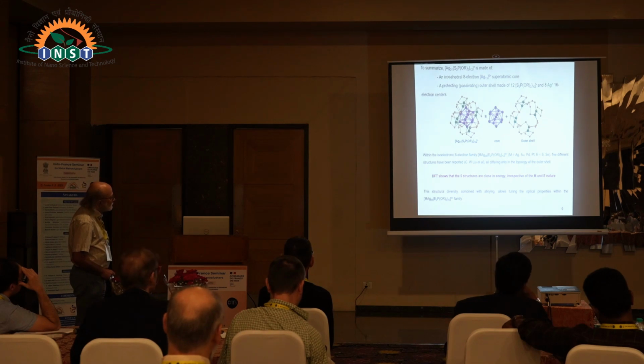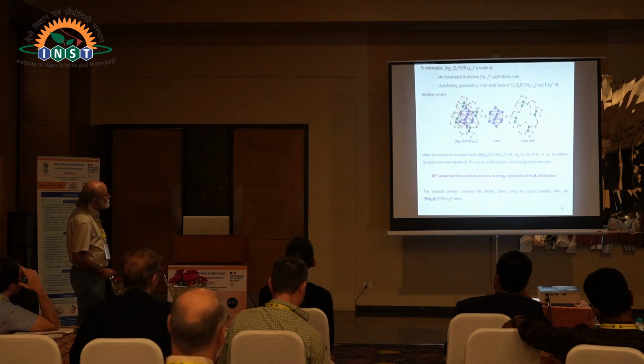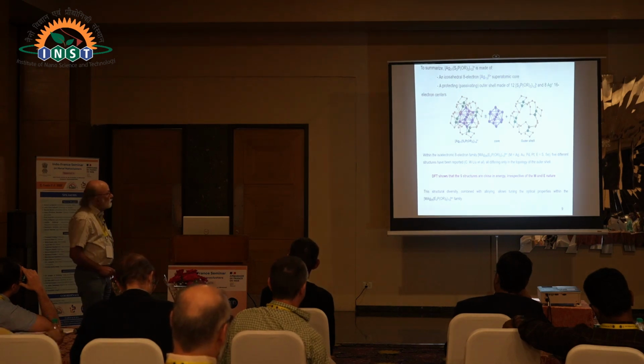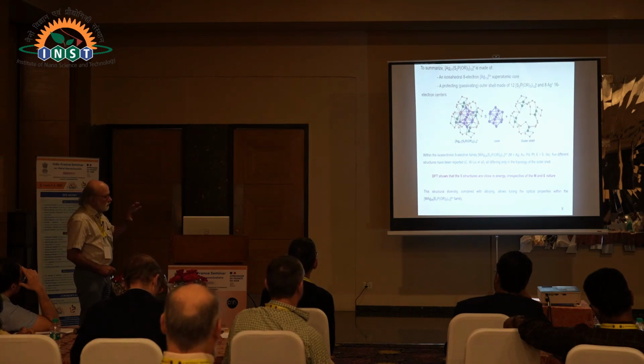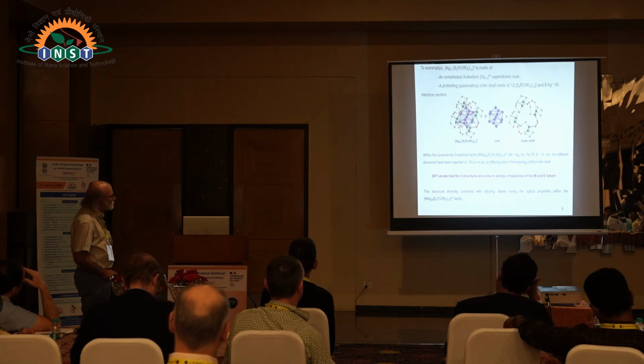And it turns out that the group in Taiwan has reported 5 structures which are commonly observed, 5 different structures, which differ only by the topology of the protecting shell. There are 5 different topologies of the protecting shell which have been observed.